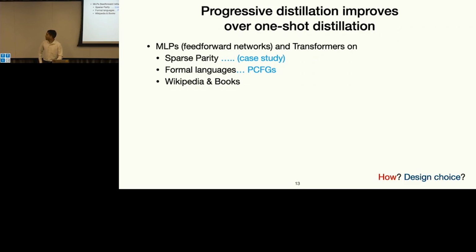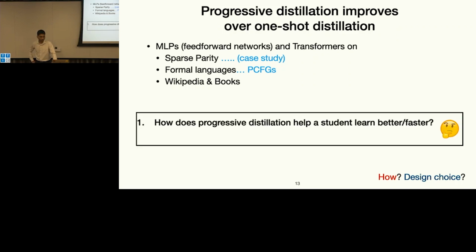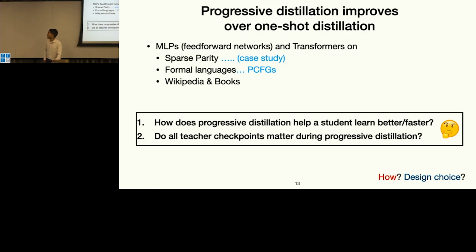So circling back to the questions that I asked before on what design choices we can make in training, we asked the following two questions. How does progressive distillation work in practice? And if we can understand that, do we need to store all teacher checkpoints during training?